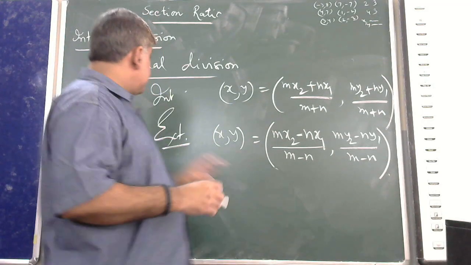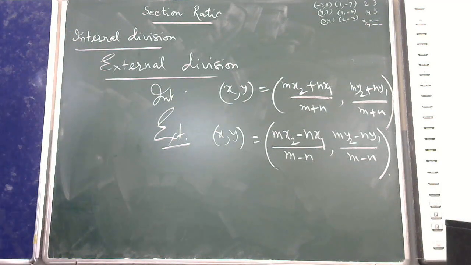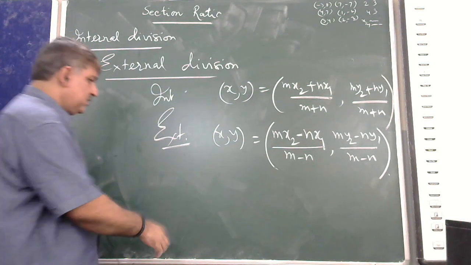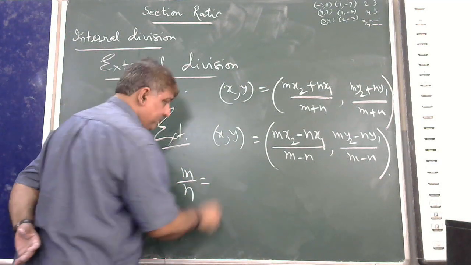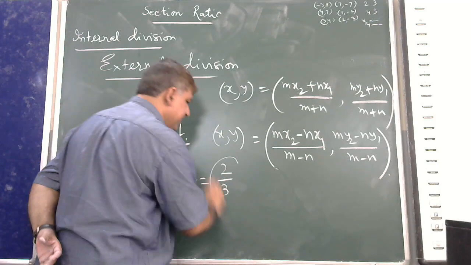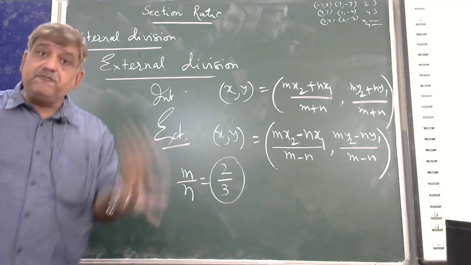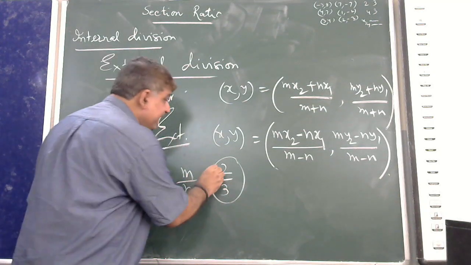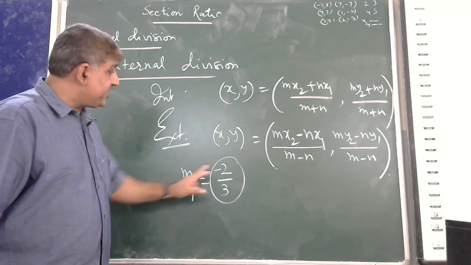Now, this one is external division. One more thing is important. If you are applying the internal division formula and for any problem you get m by n positive, say 2 by 3, which appears as 2 is to 3, then this is the case of internal division. But if somewhere it appears as minus 2 by 3, then in that case the ratio is negative.